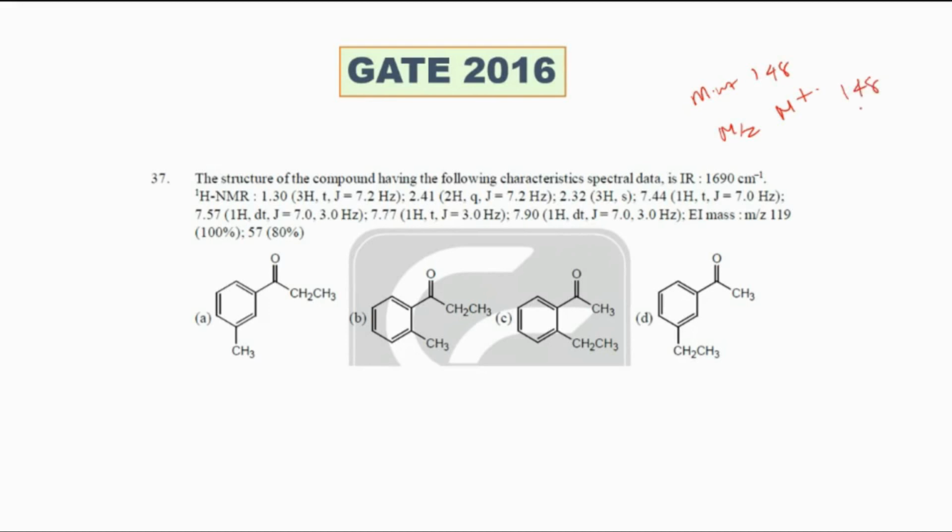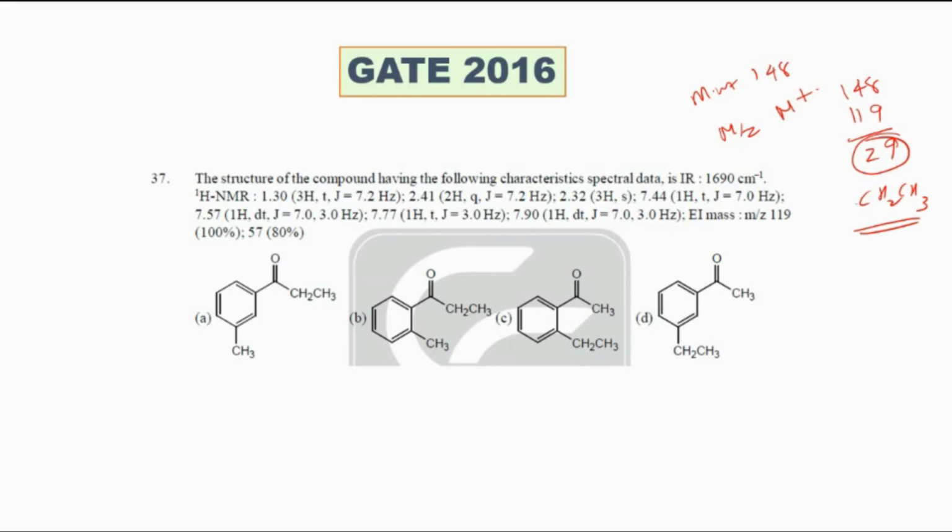But the value given is 119. So what has gone out? 29, that is CH2CH3. The ethyl group has gone out.